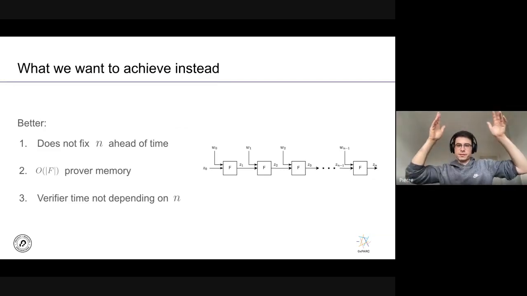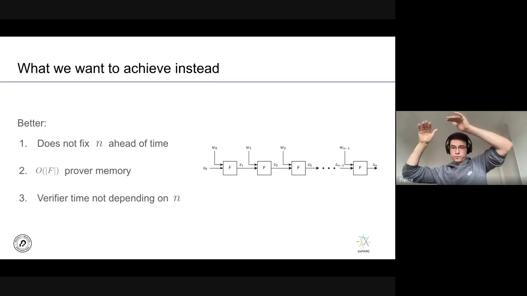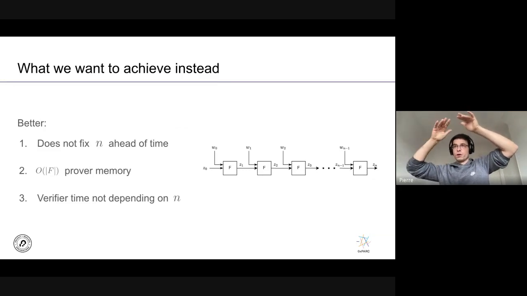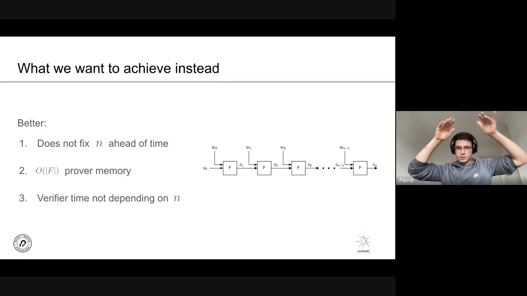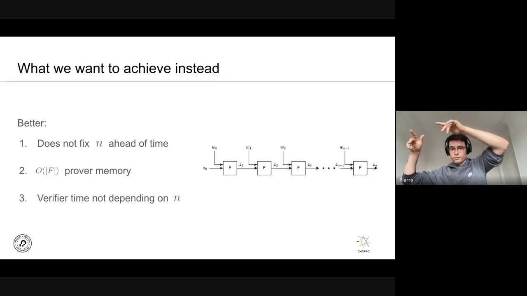And you see that there is a state that is going through each of those executions of the circuit F. So it starts at Z0, it goes into F, then it outputs Z1 that gets into F as well.